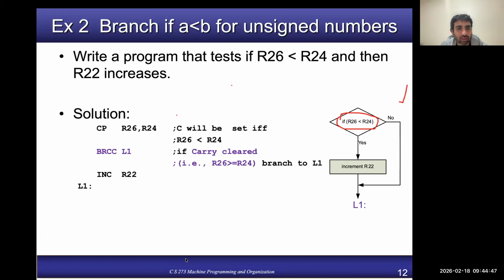You did. Okay. Same or higher. Yeah, that is kind of more intuitive, right, to use instead of saying branch if carry is cleared, right? Both instructions are essentially doing the same thing.